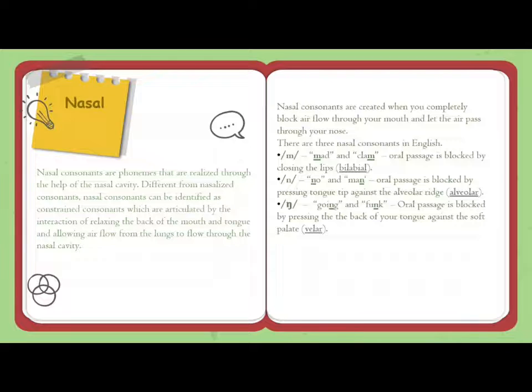Oral passage is blocked by pressing tongue tip against the alveolar ridge, alveolar. And the last one is ng, as in "going" and "fang." Oral passage is blocked by pressing the back of your tongue against the soft palate, velar.